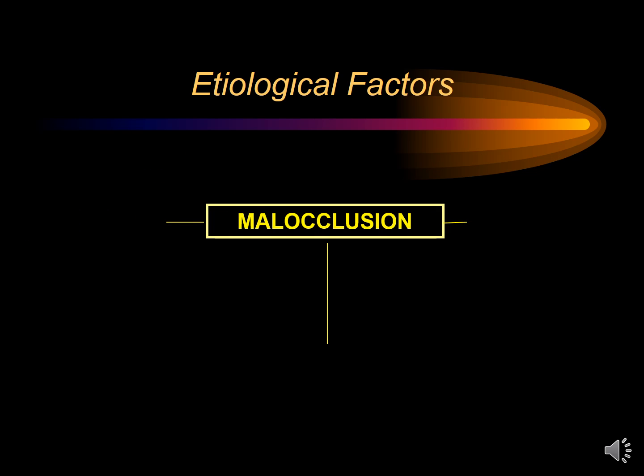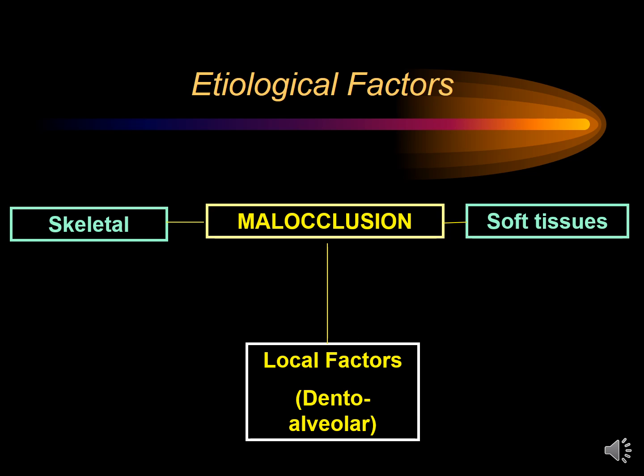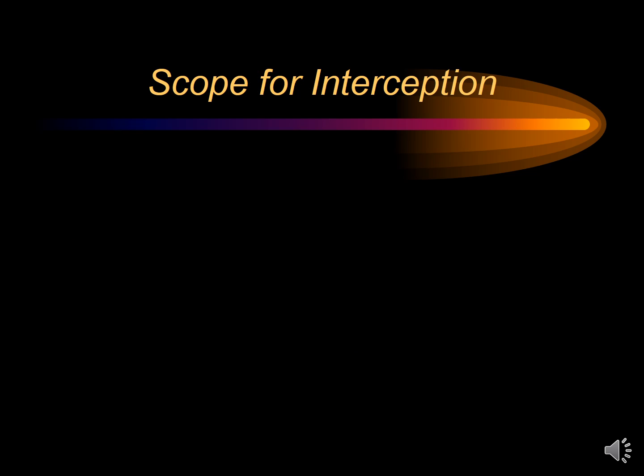Okay, let's look at the etiological factors of malocclusion. You have skeletal factors, soft tissue factors, and local or dentoalveolar factors. Now, what is the scope for interceptive treatment?